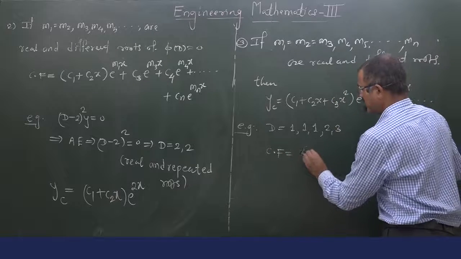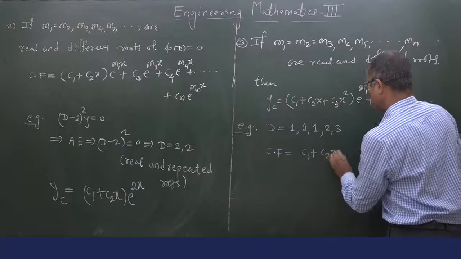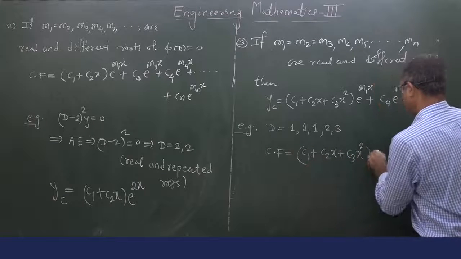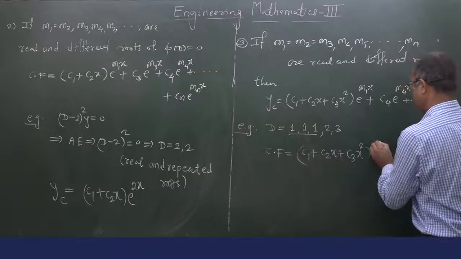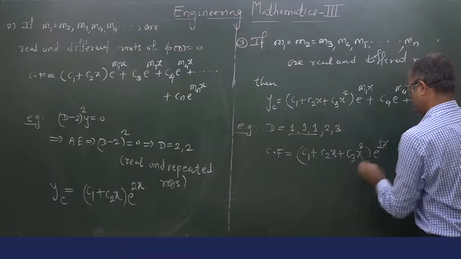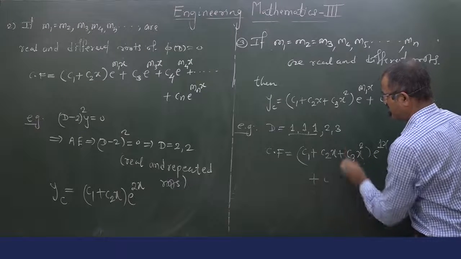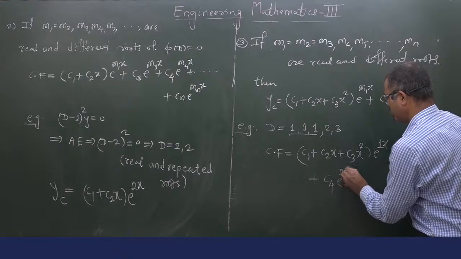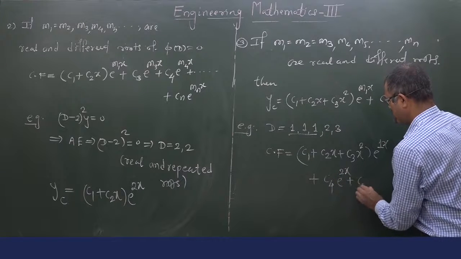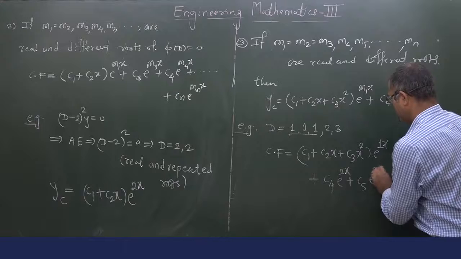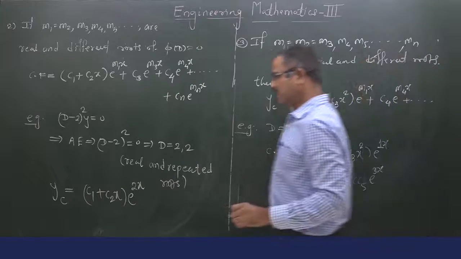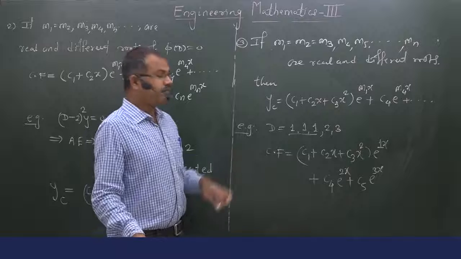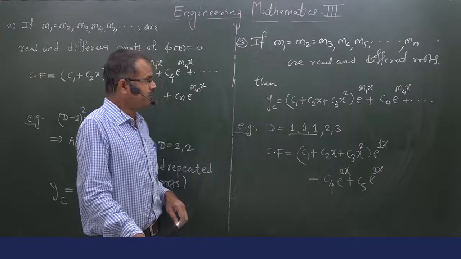It is (c1 plus c2x plus c3 x square) e to the power x, since these three roots are equal, plus they are different, next one c4 e to the power 2x, c5 e to the power 3x. So this is the solution of the fifth order differential equation.